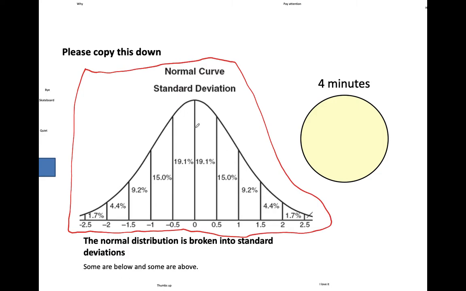The middle line of the normal distribution curve represents the mean. And then the axis at the bottom represents jumps in standard deviations. So for every single normal curve, if we go from the central mean line and we go to the number 1, this represents a jump of 1 standard deviation.